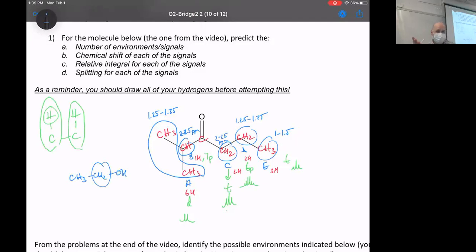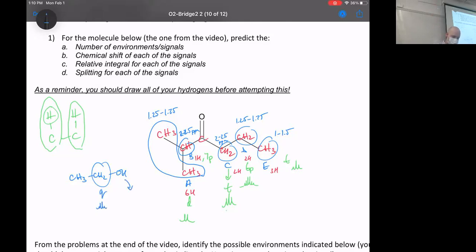OHs and CHs don't usually split each other. So we're just looking for CHs and then hydrogens on neighboring carbons. So imagine when you've got an oxygen or a nitrogen in between, it's like a huge wall between neighbors. Yes, they're there, but you can't see them, you can't interact, you don't even know they're present. So this would only be split by the 3 on the left. Your OH would not split it. So one more shot. Yes, so this would just be a quartet, 4 peaks.